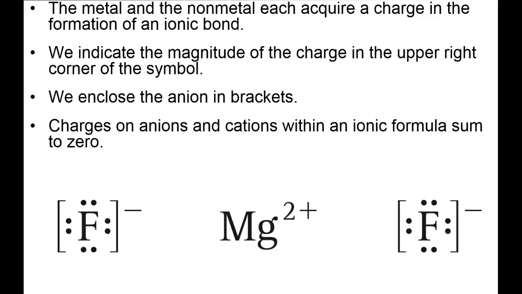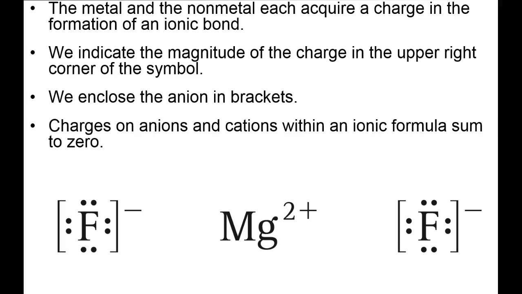Okay, so this is just another explanation of what we've been doing with the ionic and covalent bonds. The metal and the nonmetal are each going to acquire a charge in the formation of an ionic bond. We put the charge, as we've already been doing, in the upper right, so we don't confuse it with our subscript.